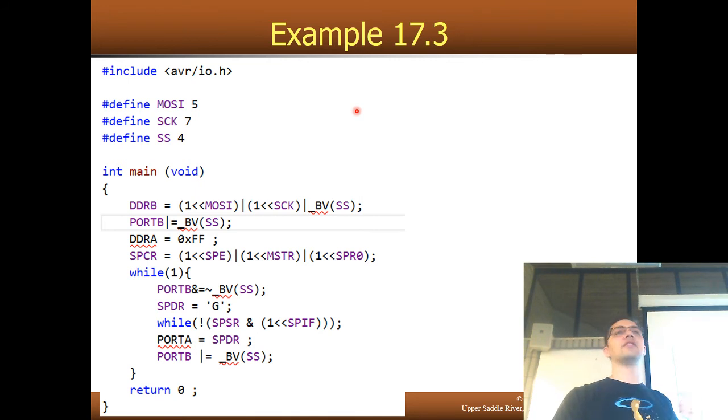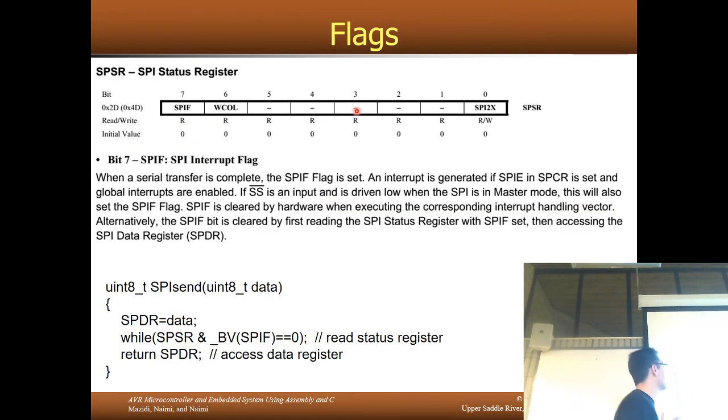And yet somehow this is still going to work. And so I wanted to call your attention to the fact that the SPIF flag is cleared by first reading the status register with SPIF being set and then accessing the data register, which is a weird way to clear flags if you think about it. You got to access 2 registers.